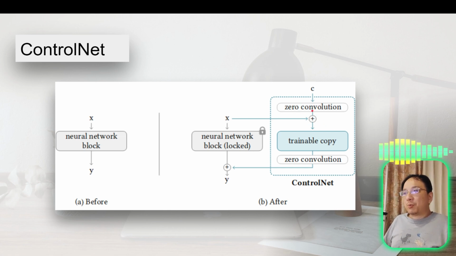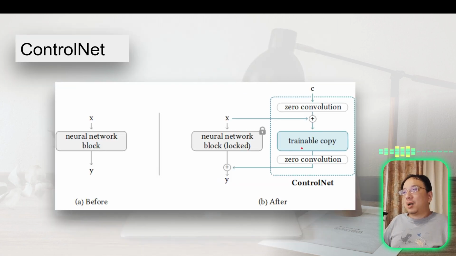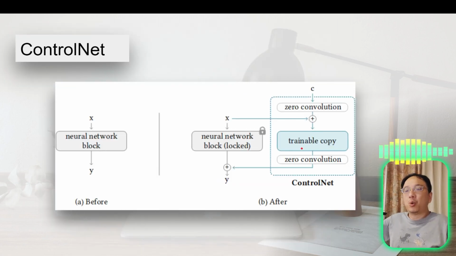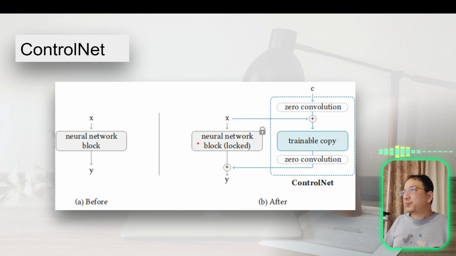The zero convolution will be changed. If we set the learning rate correctly, this change will not be too much. It will start from zero, so at least at the beginning it will be around zero. So it can be considered as a small adjustment to the original neural network block. In this way, we can add a new conditional input C into the Stable Diffusion model.